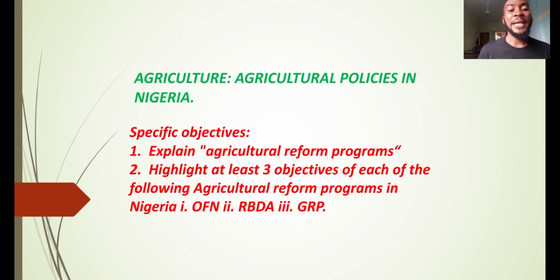Like I said last week, marketing board is a statutory body set up by the government to regulate the procurement, the grading, the packaging, and the sale of some specific agricultural produce like cotton, cocoa, rubber, and what have you.